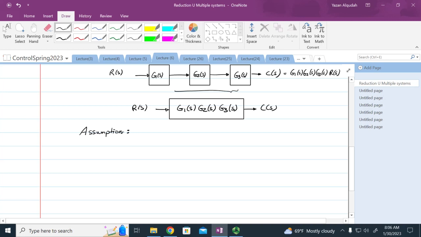Can we always take two circuits and just take the transfer functions of them and just multiply them if they're cascaded? No. What is the assumption that we make, or the condition that we have to check to make sure is met before we can do this?